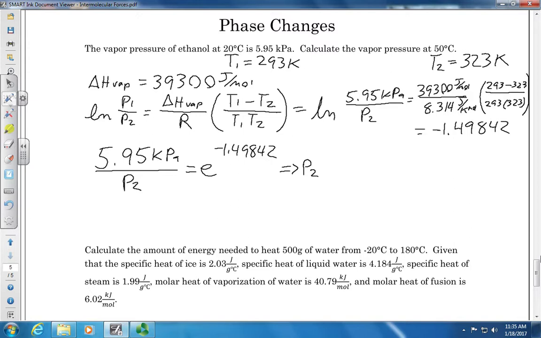So we end up with P2 is equal to 5.95 kilopascals all over e to the negative 1.49842, which gives us 26.6 kilopascals. And that is the vapor pressure at 50 degrees for ethanol.